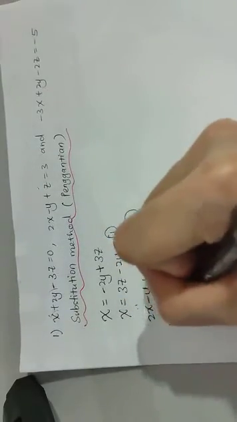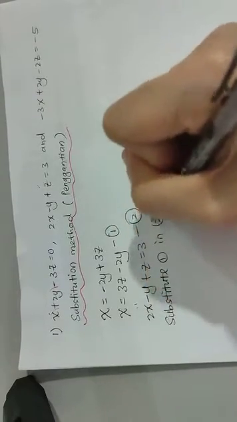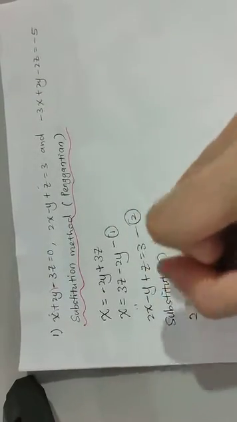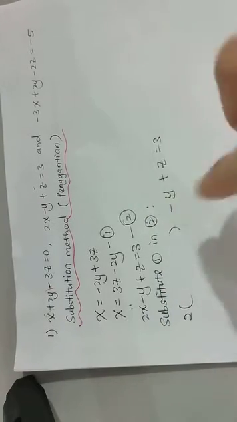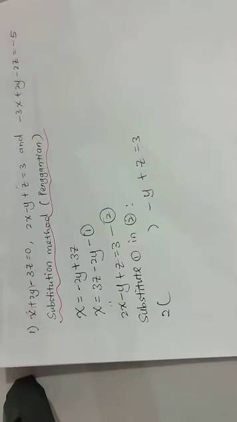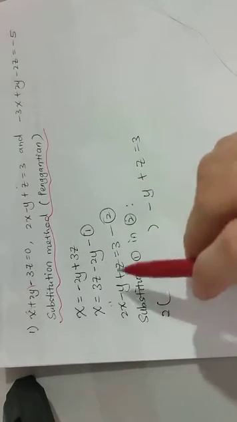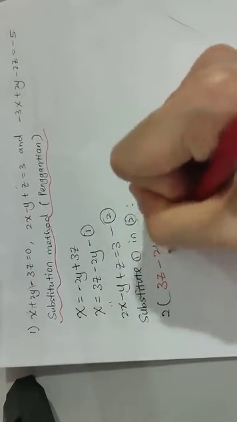So you substitute the first equation into the second equation. 2x minus y plus z equals 3, this is your second equation. I purposely left the x blank because in order to fill in, x is 3z minus 2y.